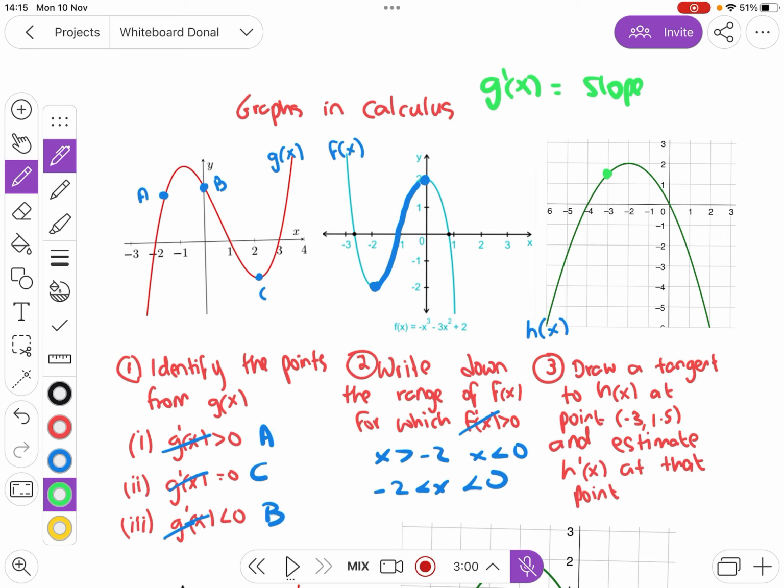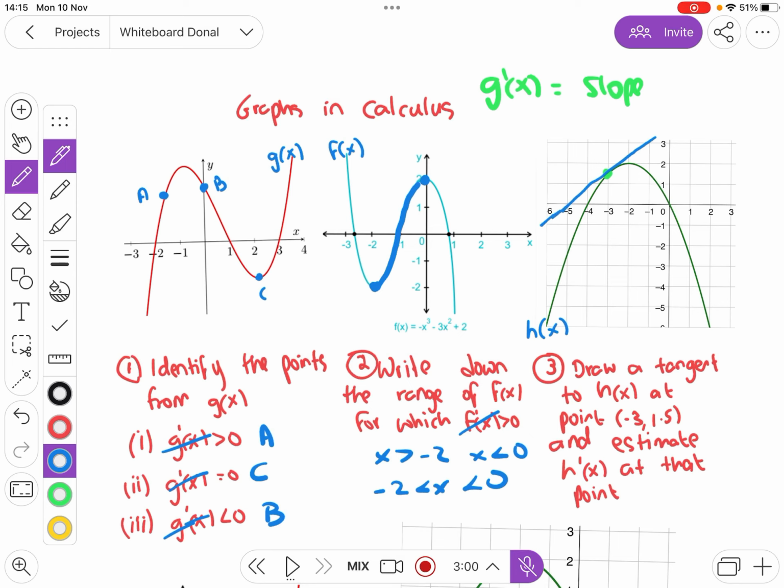With something like this, my tangent will be slightly different than your tangent. That's fine. But what you're looking to do is create a line that is going through that point. So I'm going to use a line along the lines of something like this here. And again, I should be using a ruler. I'm not using a ruler there, but I should be.